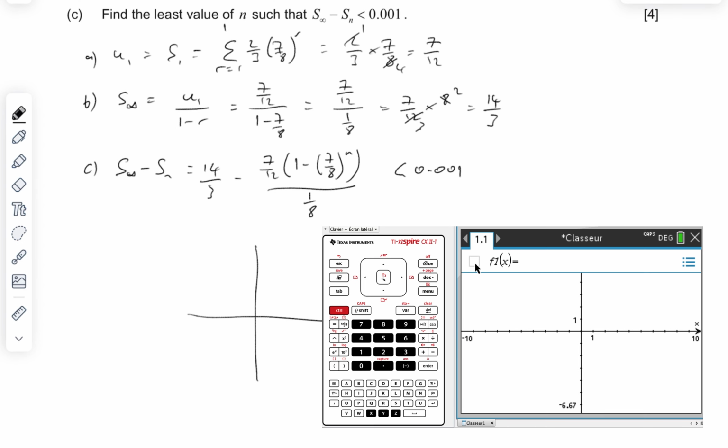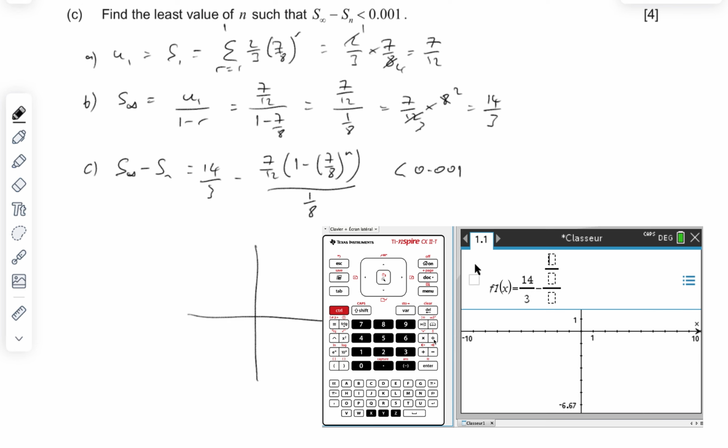Let's put in the graph we want. So 14 over 3 is one side of the inequality, subtract a fraction again, and within that we have another fraction.